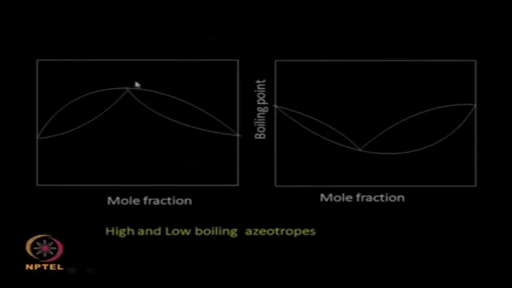So we cannot separate out this type of binary system because they have a constant boiling region here. So what do you do if you have azeotropes? There are different methods.